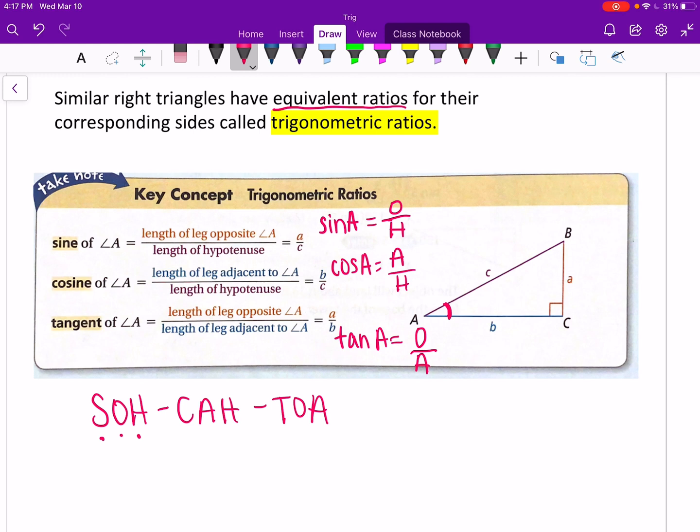The C stands for cosine. So cosine is adjacent over hypotenuse. And the T in the TOA part stands for tangent. So tangent is opposite over adjacent. All the letters match up. SOHCAHTOA.